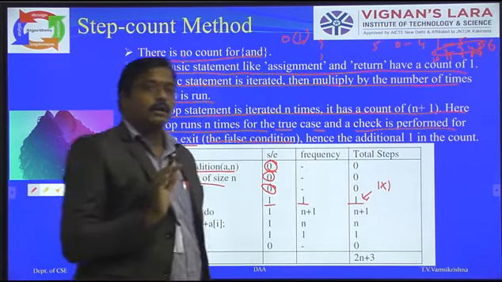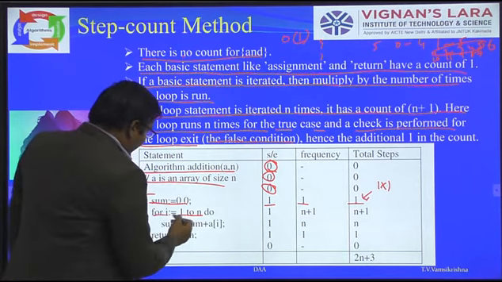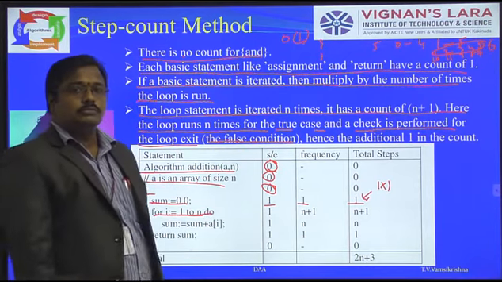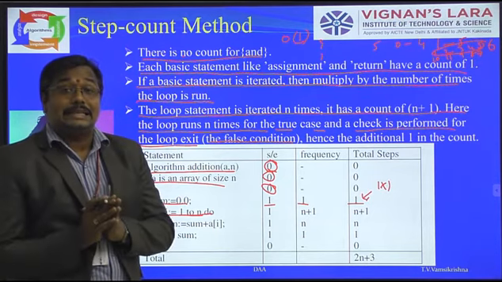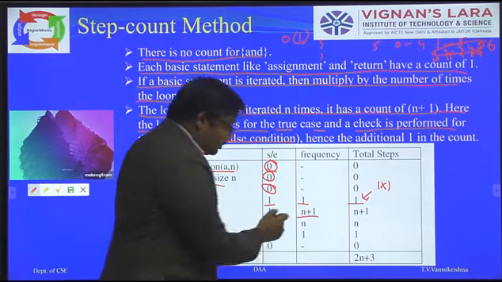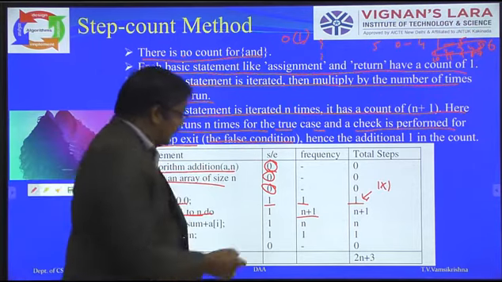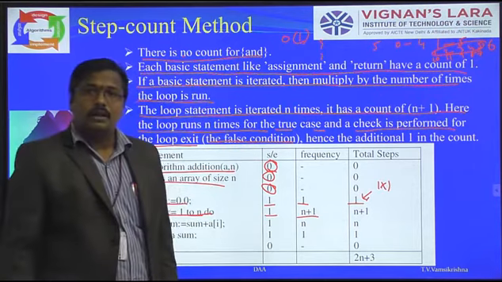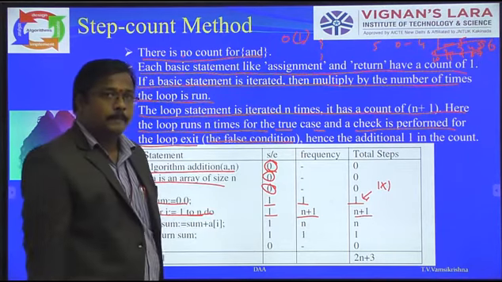Next, for i equal to 1 to n: condition checking is n plus 1 times, but evaluating the expression is 1 time, meaning the step for execution is 1. So 1 into n plus 1 is n plus 1.